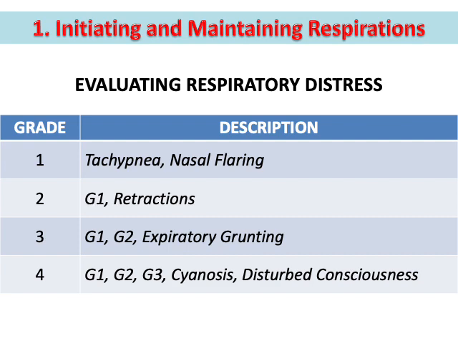When evaluating respiratory distress, there are 4 grades. Respiratory distress is simply defined as difficulty of breathing in a newborn, which is associated with many factors. But first, let us try to describe what each grade is. Grade 1: tachypnea and nasal flaring.